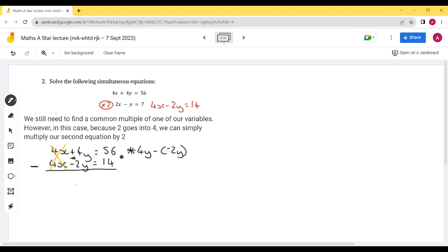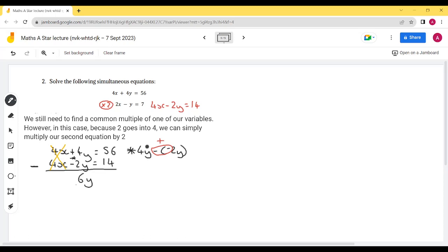And so these two signs in effect cancel each other out because they're both in the middle. So it becomes 4y plus 2y. So 4y minus minus 2y equals 6y. So be really, really careful with that. It's easy to forget to do that in simultaneous equation questions, to be focused on another area and to miss that key point.